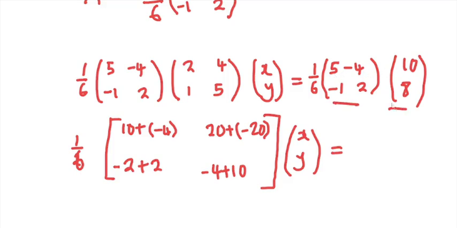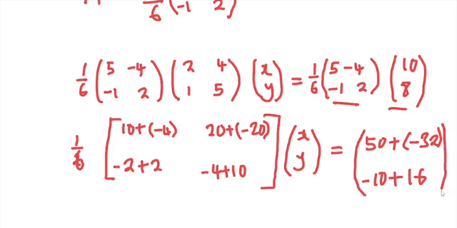Row by column: 5 times 10 gives us 50, then plus -4 times 8 gives us -32. Then down here, row by column, -1 times 10 gives us -10, plus 2 times 8 gives us 16. Don't forget that you have 1 over 6 outside there.